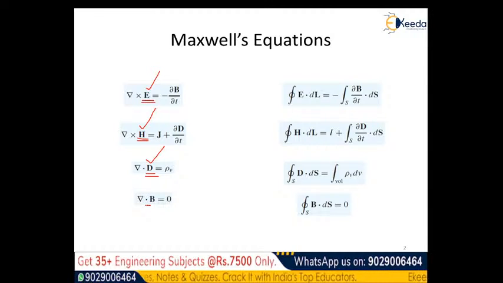Next to that we have capital B. So capital B is magnetic flux density. For any magnet, let us say for example the bar magnet, from the north pole there originate the magnetic flux lines and they end onto the south pole. So these are the magnetic flux lines.